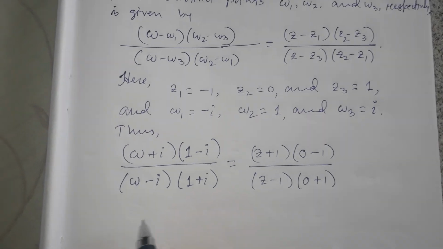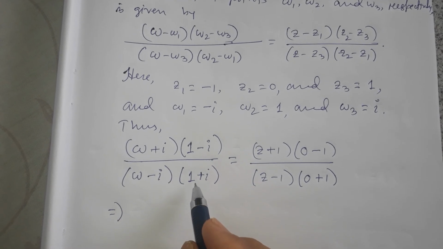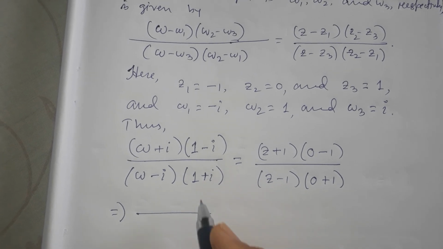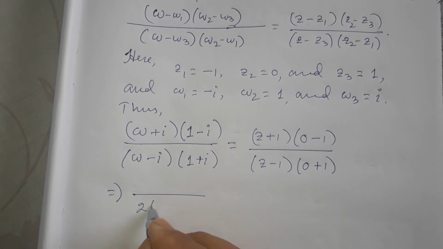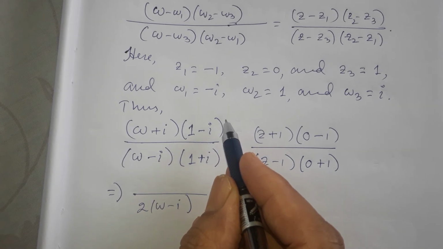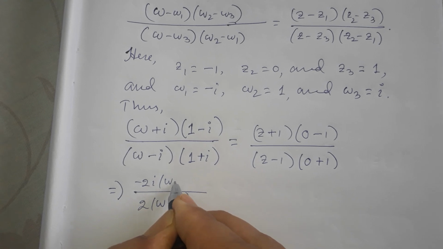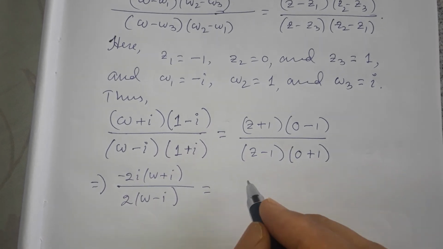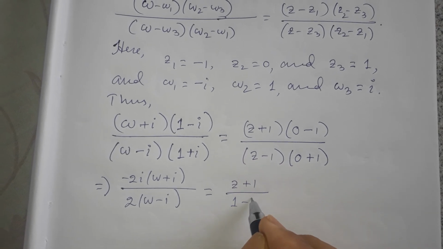Okay, so you can actually simplify it. You just multiply by the conjugate, so I'll get that this is 1 minus i squared, which is 2, so it is 2 times (w plus i), and this is (1 minus i) whole squared, which gives minus 2i, so it is minus 2i (w minus i). And that is z plus 1 over minus 1 times (1 minus z).